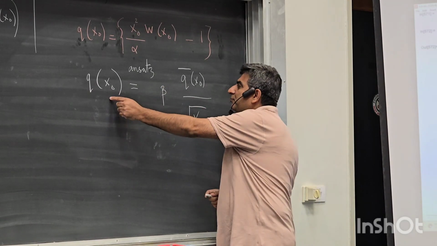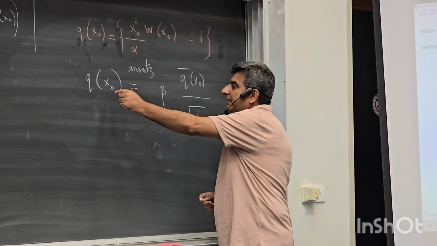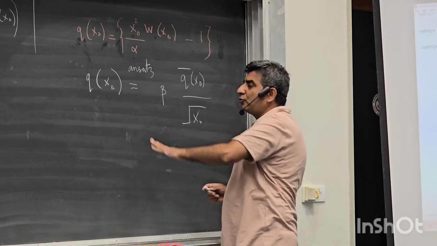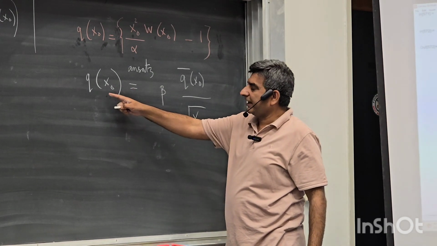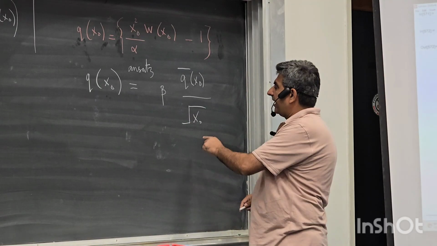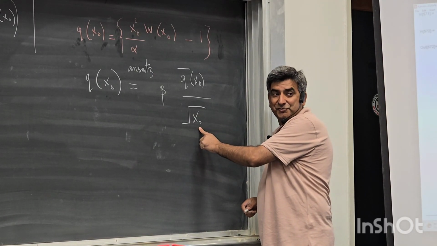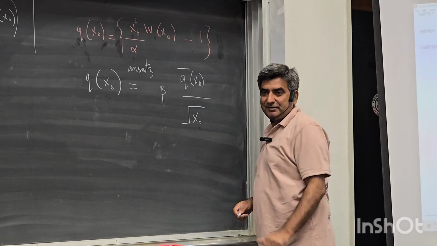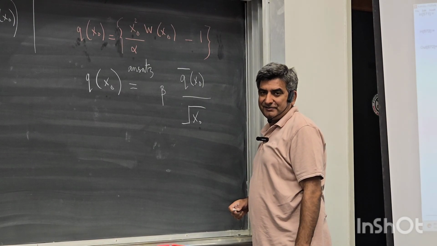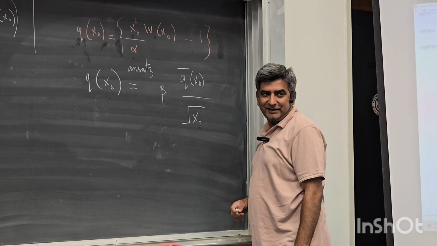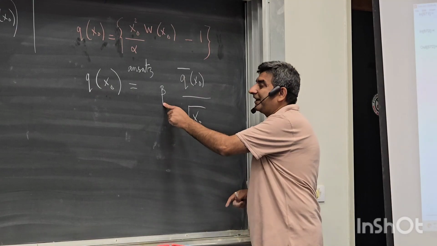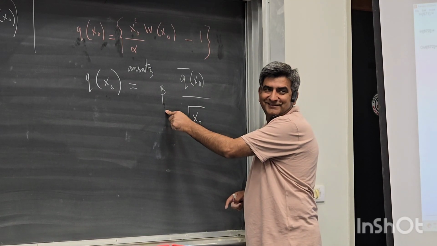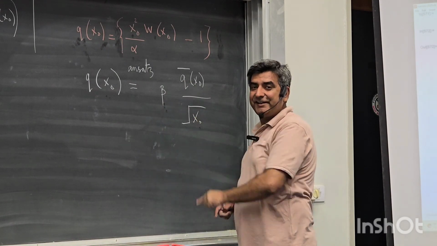So now if I take the envelopes of this function and plot with respect to 1 over the square root of x naught, I will get a straight line. If I get a straight line, the slope of that line would be beta. And that does indeed happen.